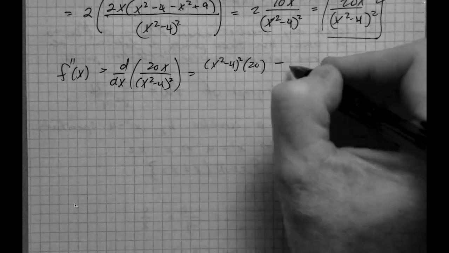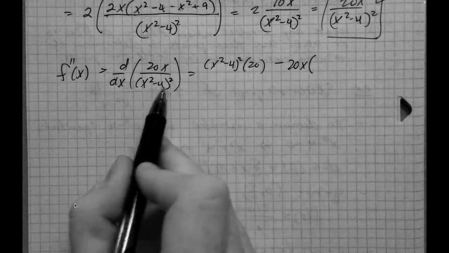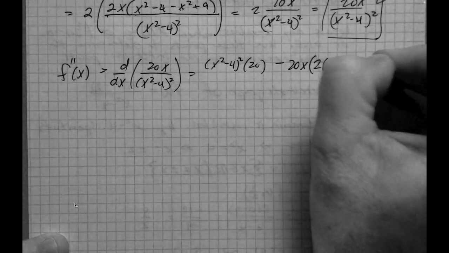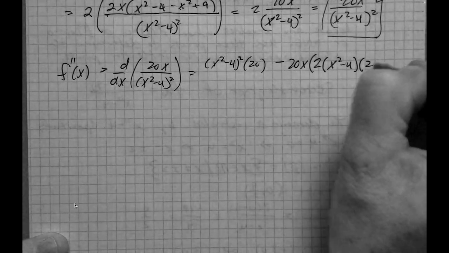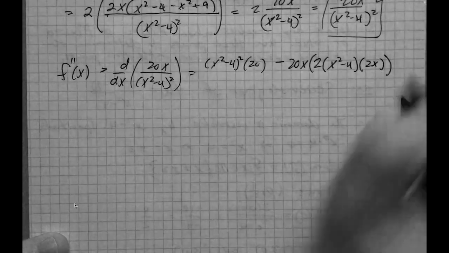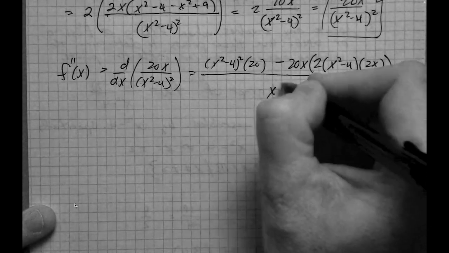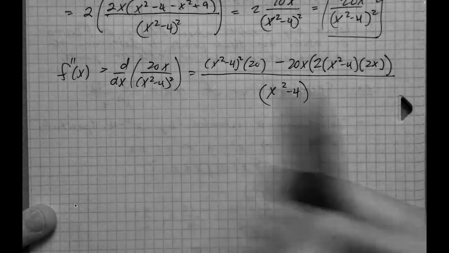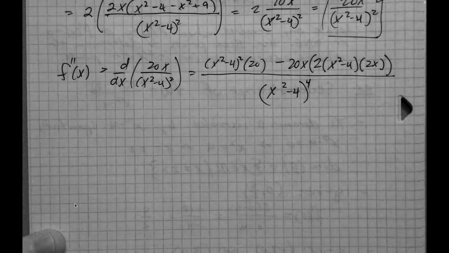Minus 20x times the derivative of the bottom function here, which is going to be 2 times x squared minus 4 times, and then the derivative of the inside, which is 2x. Okay, and then the whole thing divided by x squared minus 4. Now it was squared, we got to square that again, so it becomes the 4th power.